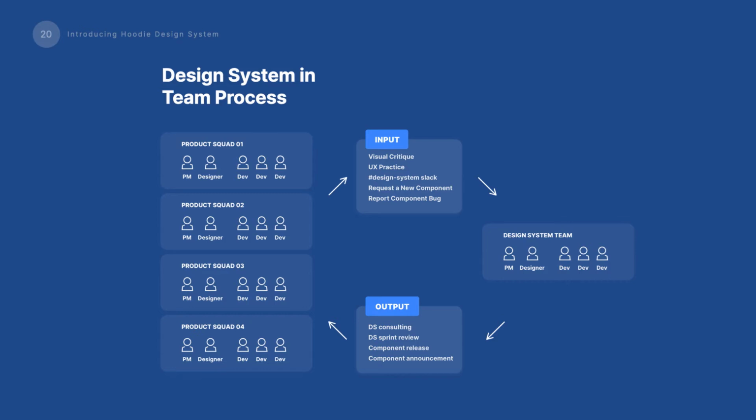If something breaks, then the design system team will handle that while the product squads continue to focus on their features. Once the fix is done, everywhere you can apply the patch, so it ensures consistency and iterative improvement. This is what we call a separation of concerns.